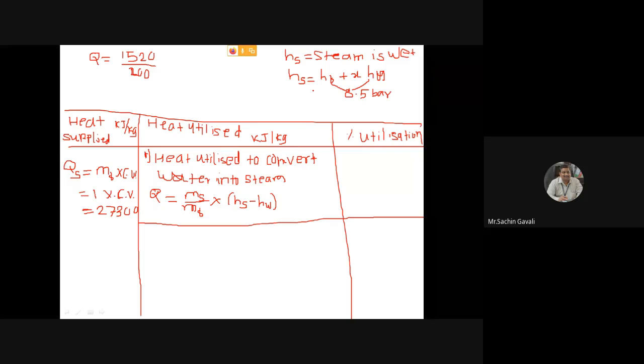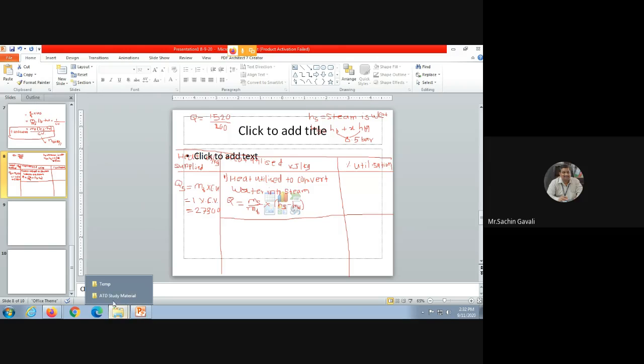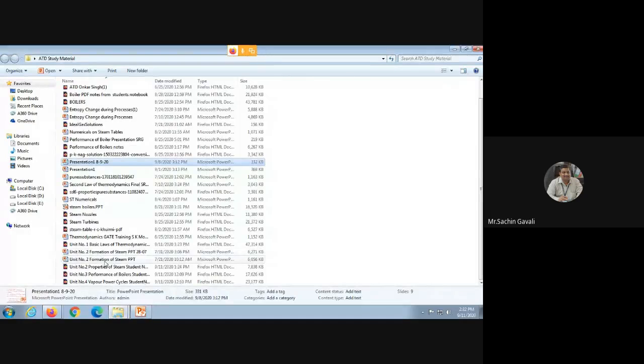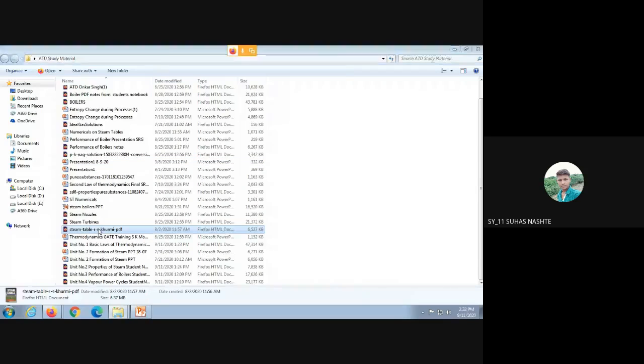Okay, HF plus X HFG at 8.5 bar. HF and HFG we have to record at 8.5 bar. Then steam table. Which table number do I have to go for? Table number 2, sir.